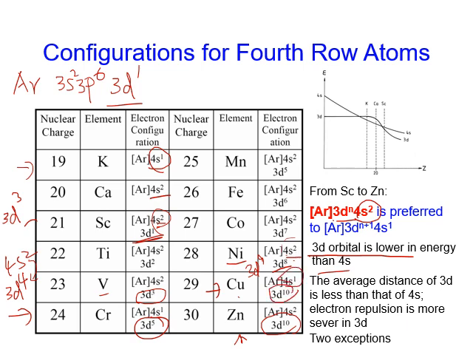In both cases, copper and chromium, the atom tries to achieve either half-full or full occupancy in d orbital, and this is favorable for minimizing the energy of the atom.